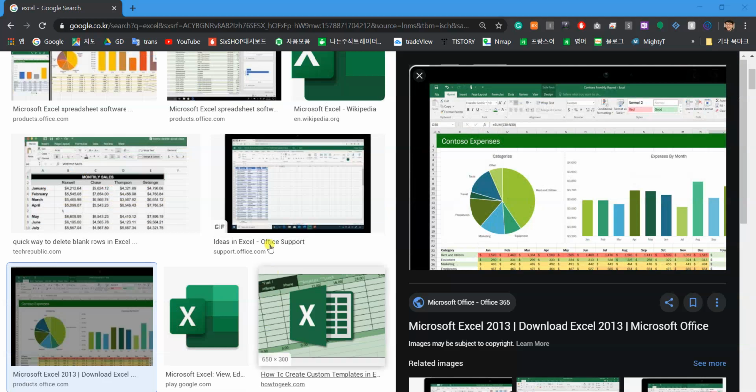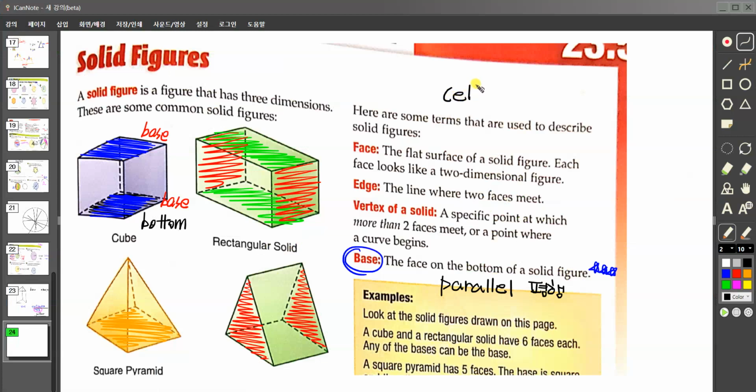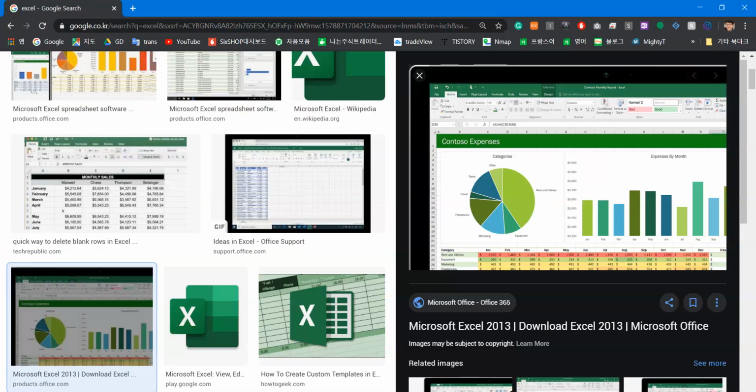Cell means 세포, cell. So you can input the data to the cell and it shows us the graph automatically. 되게 좋아요. 이게 자동으로 다 나와.